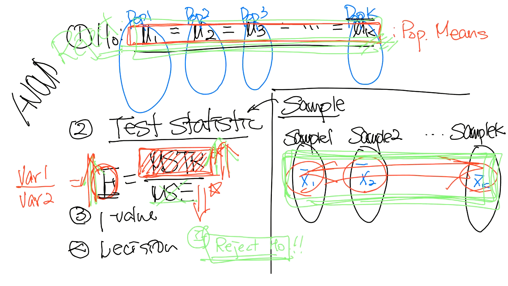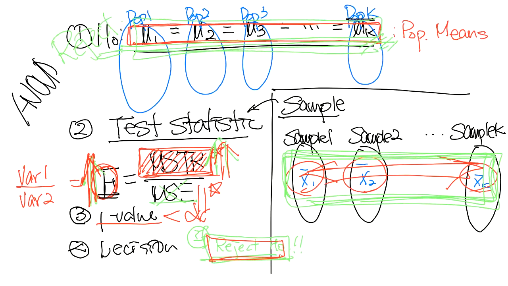Then how much do you expect the p-value when we have a bigger test statistic? Absolutely, I said we are going to reject the null hypothesis. That means the p-value must be less than alpha. The p-value must be getting smaller.